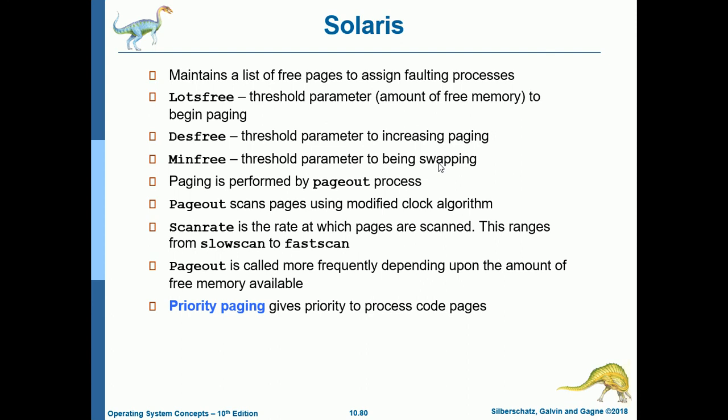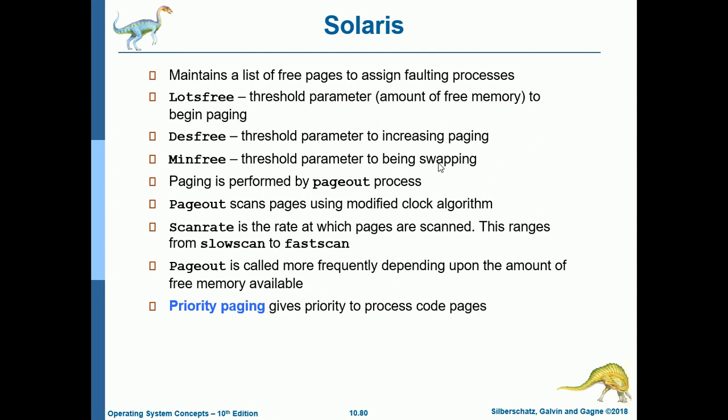Solaris maintains a list of free pages to assign faulting processes. Lotsfree is the threshold parameter, the amount of free memory, to begin paging. Desfree is the threshold parameter to increase paging. Minfree is the threshold parameter to begin swapping.